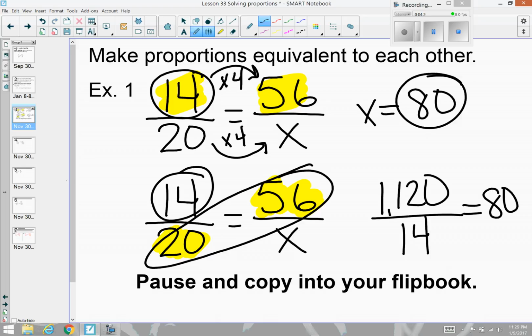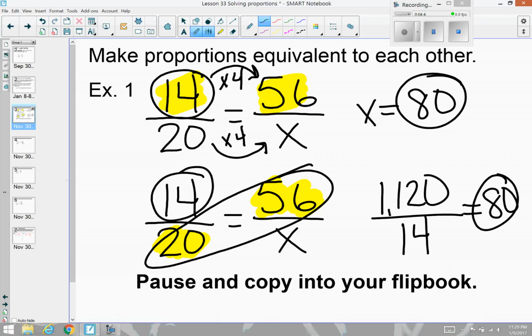So we have 80 for the top, 80 for the bottom. Both methods gave us the same answer. Different ways to solve them, each work. So our goal is that we get the value for x, knowing that it's correct.